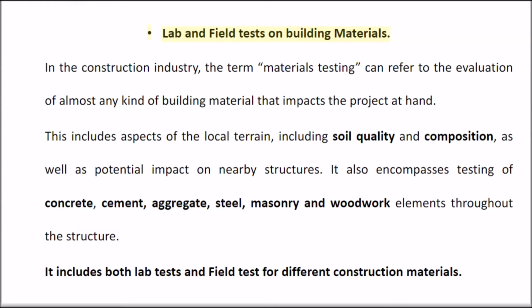Lab and field tests on building materials. In the construction industry, the term materials testing can refer to the evaluation of almost any kind of building material that impacts the project at hand. This includes aspects of the local terrain, including soil quality and composition, as well as potential impact on nearby structures.